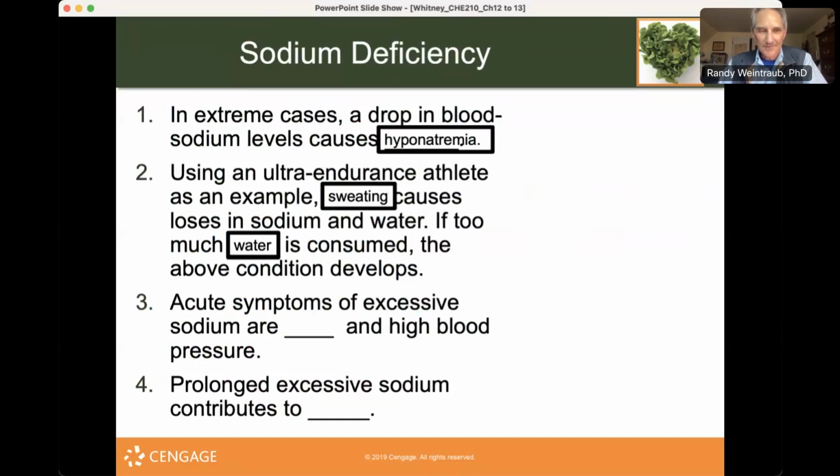Acute cases of excess sodium are edema, which could also lead to high blood pressure. That is swelling around vessels, increasing pressure. Prolonged excessive sodium contributes to hypertension.